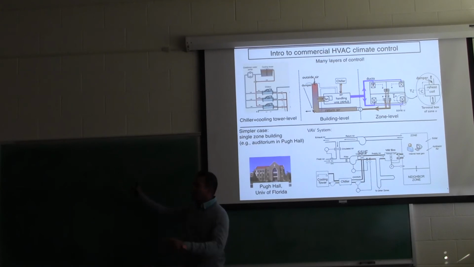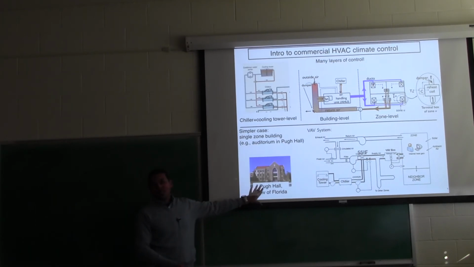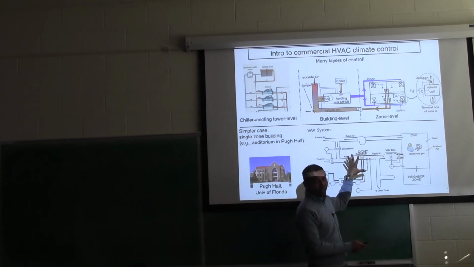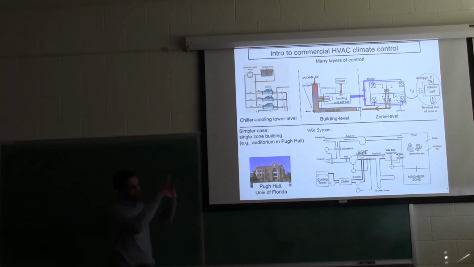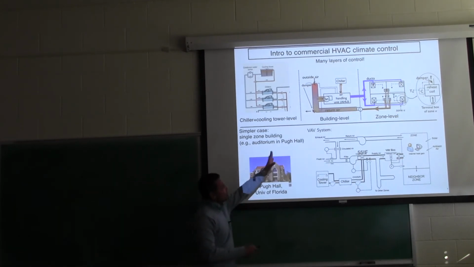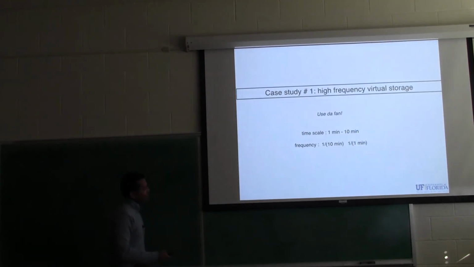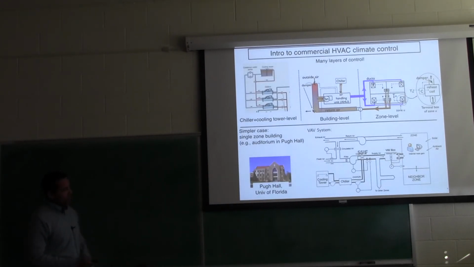That way. Oh yeah, it's over there. All right. So there's a big auditorium in that building, and this whole auditorium is serviced by just one big air handling unit. So we can think of that auditorium as one zone serviced by one air handling unit. So we don't have to worry about all these interconnections. So this is what we're going to focus on.